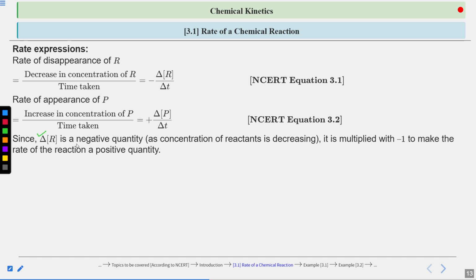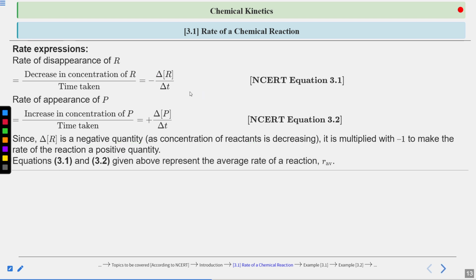Since delta R, the small change in the concentration of the reactant, is a negative quantity as the concentration of reactant is decreasing, it is multiplied with -1 to make the rate of the reaction a positive quantity. You have to multiply it by -1 to make the rate of reaction a positive quantity.